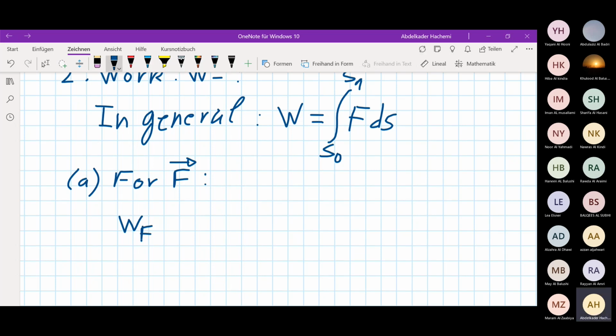this will be the integral from 0 in our case to L of F cosine beta dx.